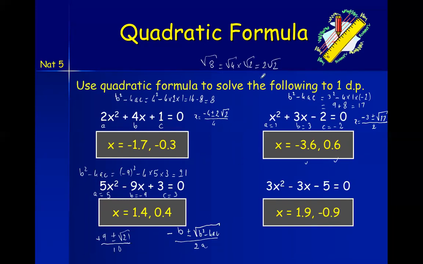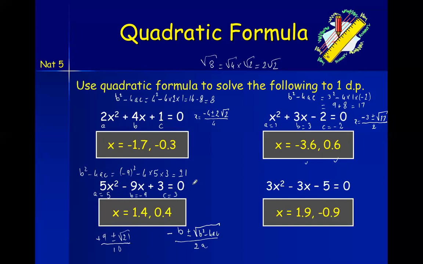If for some reason you're asked to solve this and give your answer to, I don't know, 2 decimal places, and you type it and get a b squared minus 4ac that is negative, I would ask you to try again, just in case you've made a small mistake. For example, instead of putting brackets in front of the minus, you just put negative 9 squared, and that meant here you wouldn't get a 21, you would get something negative.